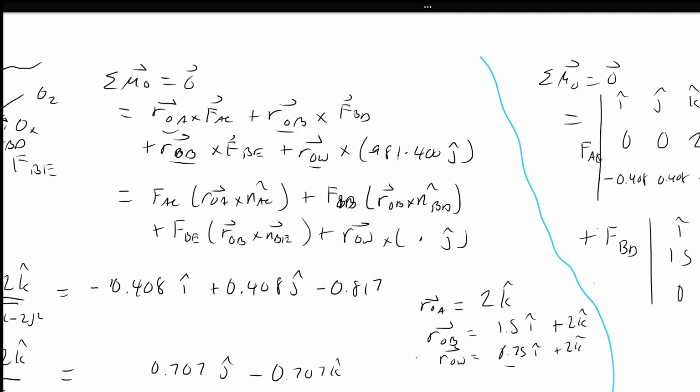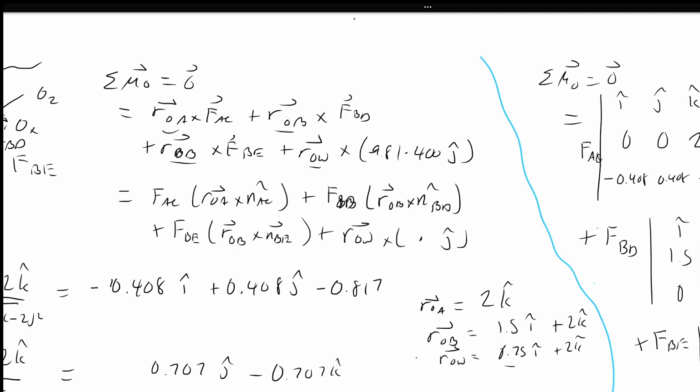All right, FBE: I hat, J hat, K hat. Same vector. The force, though, is now only in the, not minus k, that should be minus 1. Minus 1.